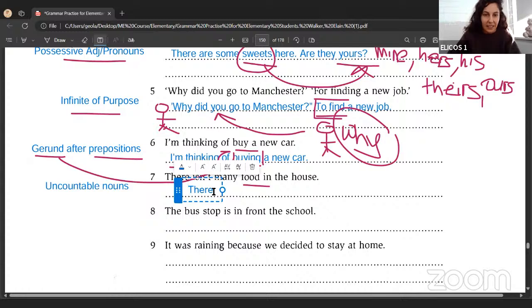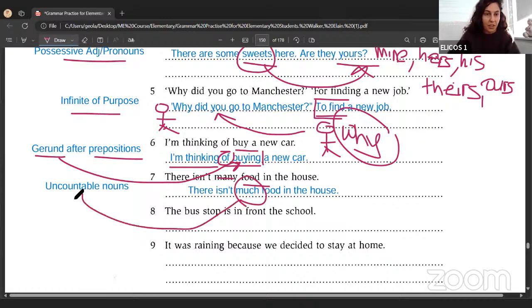So there isn't much food in the house. We had to change "many" to "much", because this is the word that we use with uncountable nouns. And it's a negative, there isn't. So we've got the "not". There isn't much food in the house.